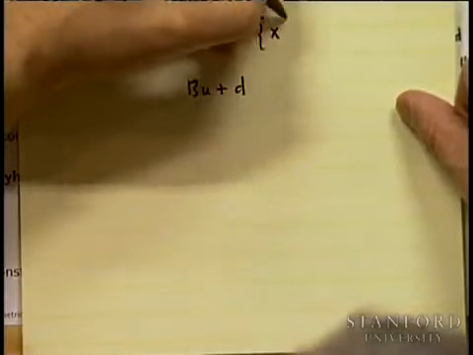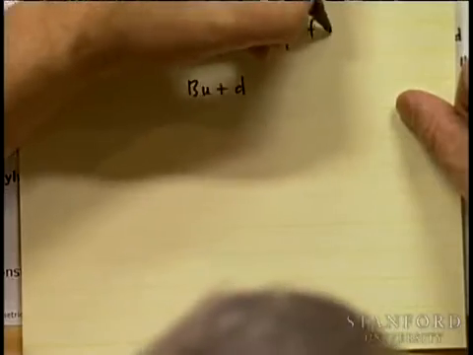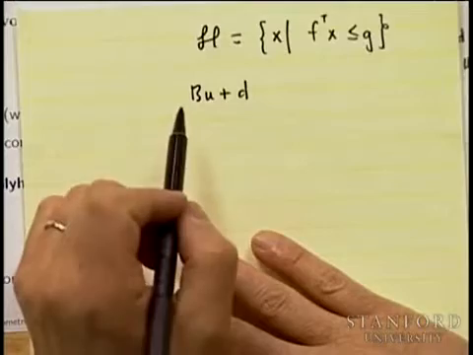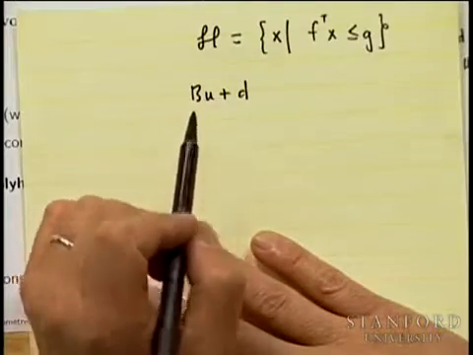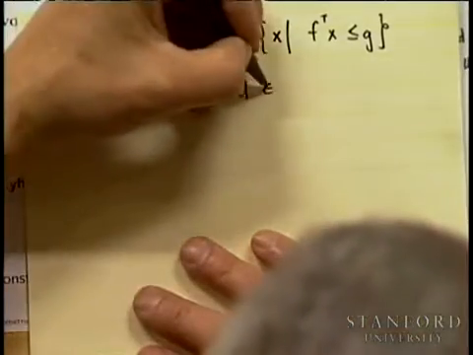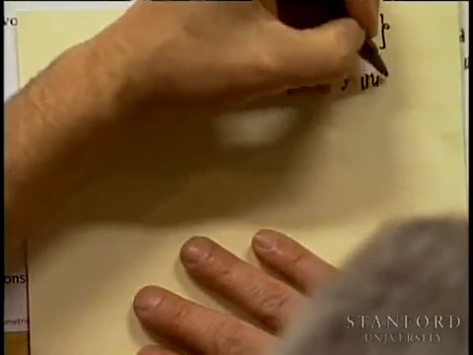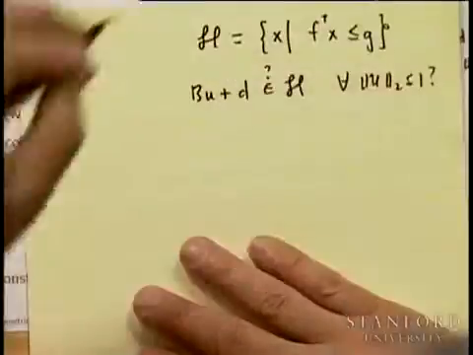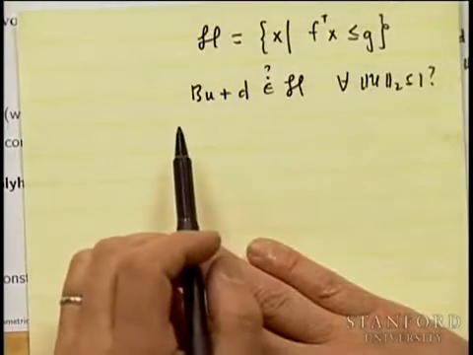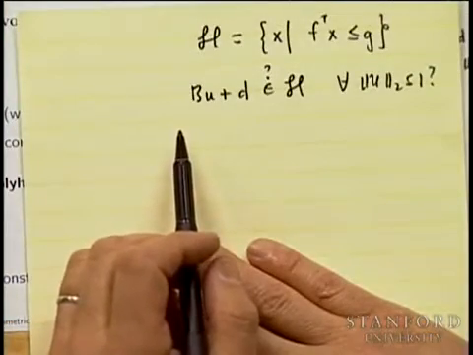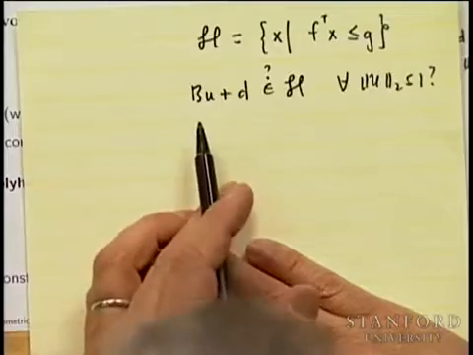So the half space is the set of X such that, let's say, F transpose X is less than G. Okay, that's our half space. And I want to know, is it true that BU plus D is in H for all norm U less than 1? That's the question. And the answer is easy. We can calculate that.